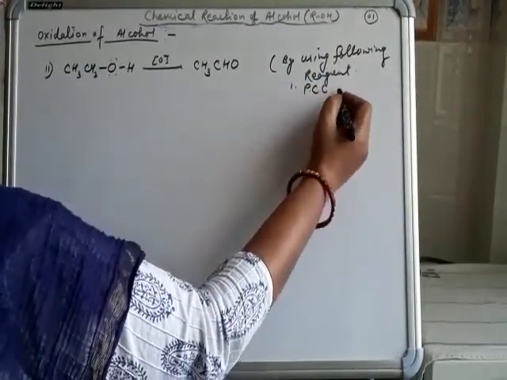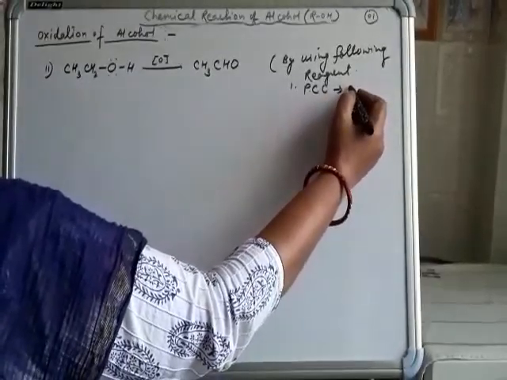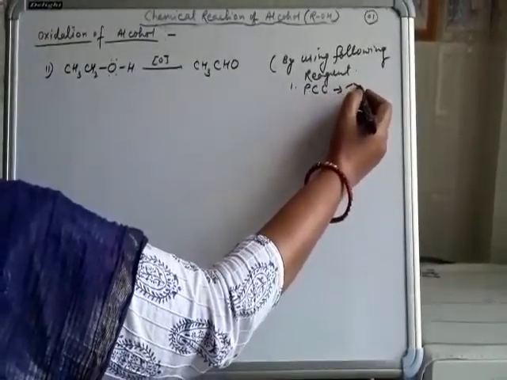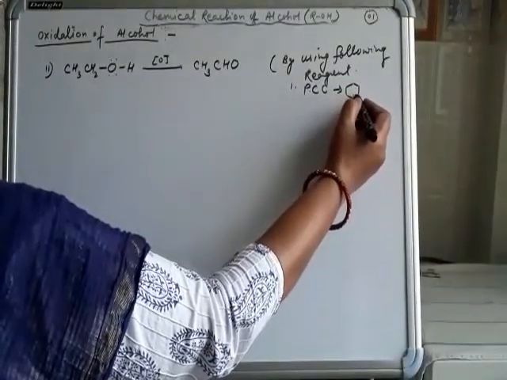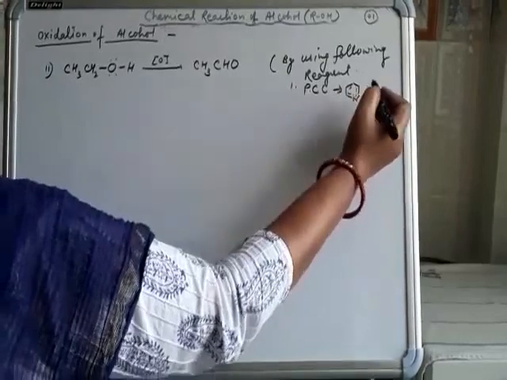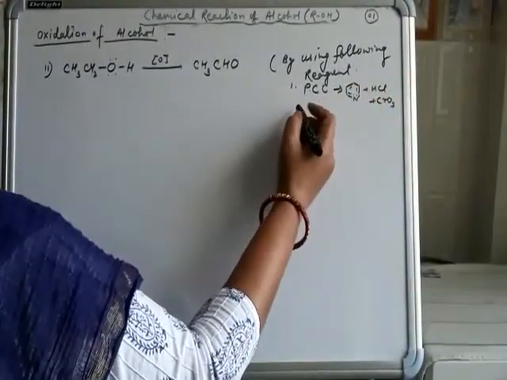PCC. We know the PCC is formed by the combination of pyridine, hydrochloric acid and chromium trioxide.